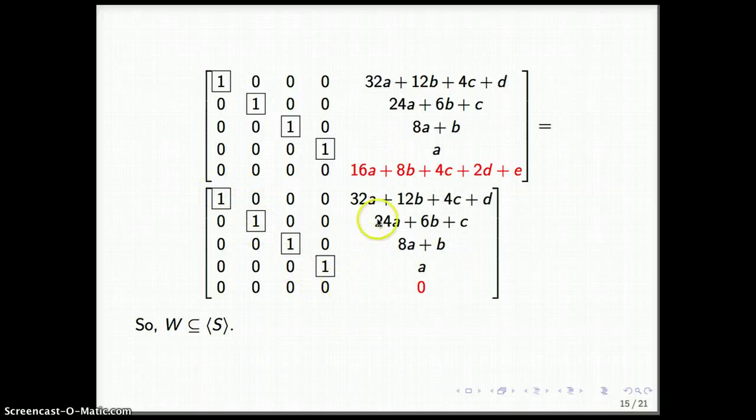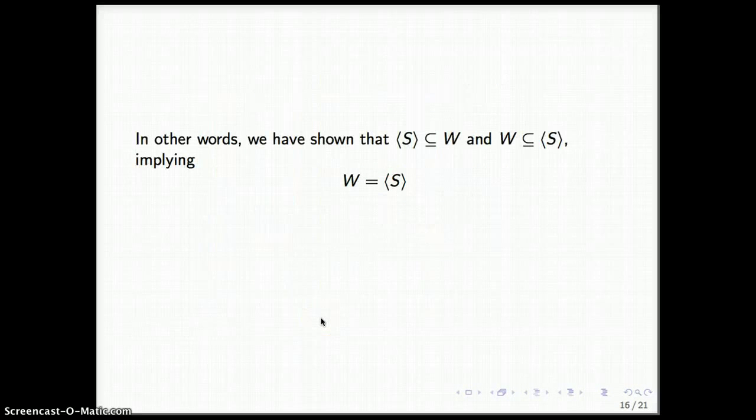But this implies that it's possible to find values for alpha 1, alpha 2, alpha 3, and alpha 4, each of them equal to these constants. Okay, so this helps us to conclude that indeed W equals the span of S.